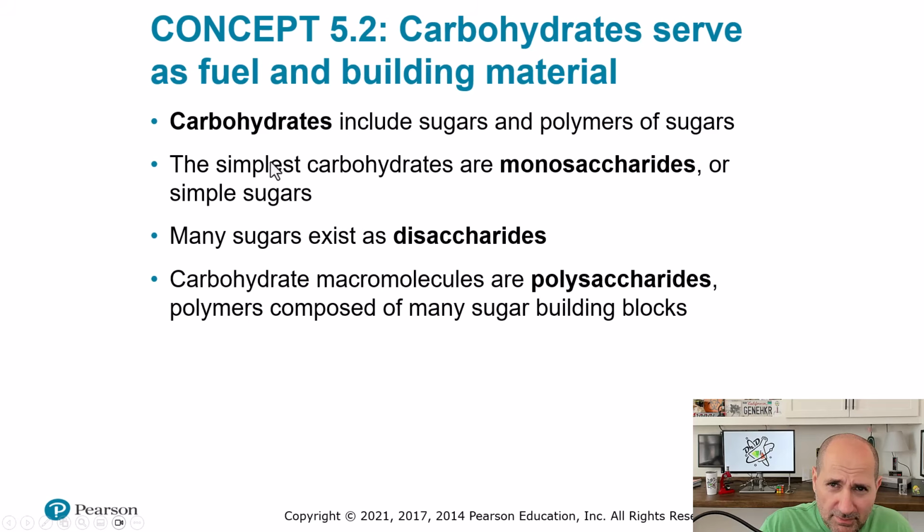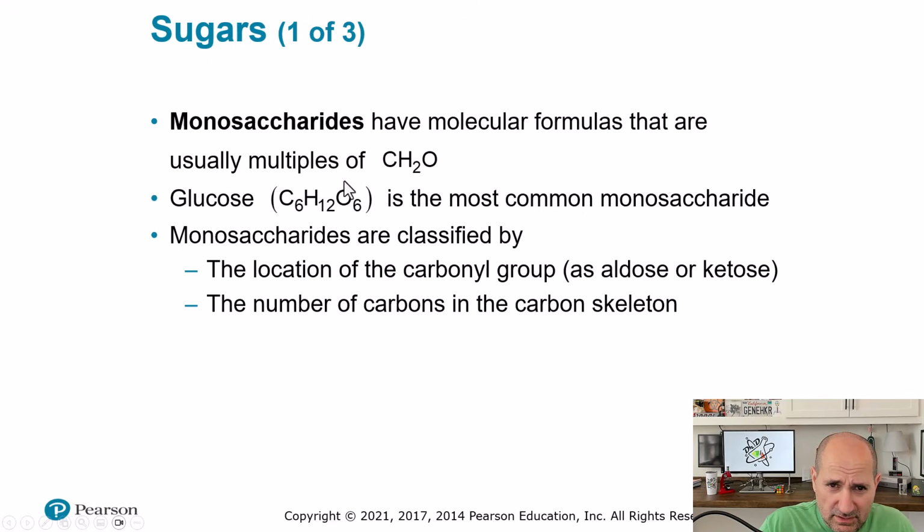You should know about carbohydrates. Carbohydrates are made up of monosaccharides, which can be multiples of CH2O. So if you see a molecule that's made up of CH2O or some multiple like C6H12O6, that's a monosaccharide.